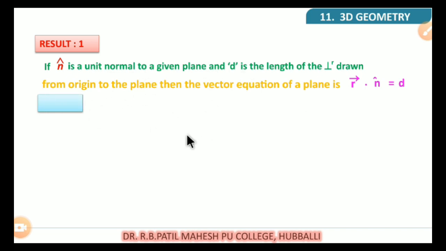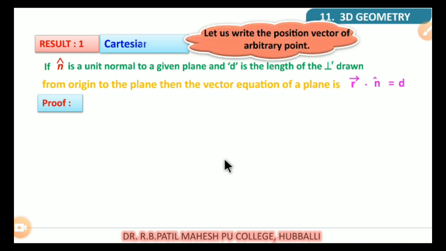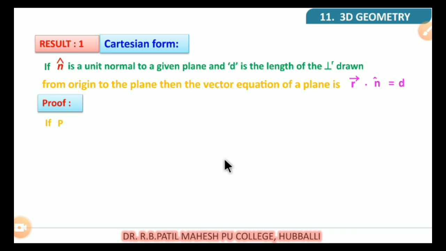Now we can derive this equation in Cartesian form. Consider P as the point with coordinates x, y, z. This implies OP vector can be written as xi plus yj plus zk, which is also equal to r vector, as already taken in the previous diagram.